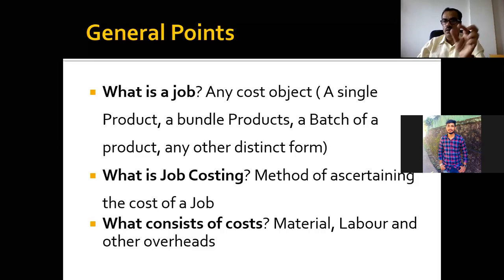Maybe the main board of the mobile phone is manufactured in batches. Then the cost of a batch is ascertained. Then the total cost of the batch is divided by the number of products in that batch. Then we know, for a particular board, or a simple chip, or any other component, what the cost is.